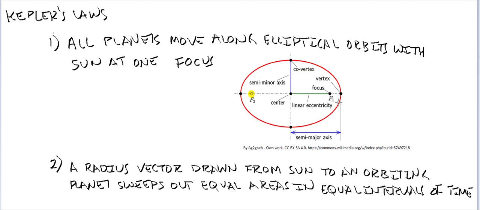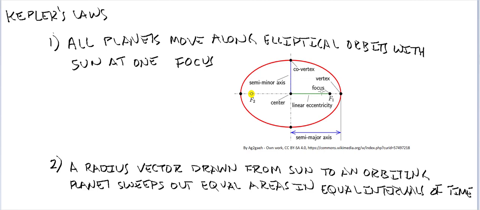I would tell you that in our solar system, most planetary orbits are much more circular than this. So remember, a circle is just a special ellipse. So ellipses have two foci. A circle is just an ellipse where both foci sit at one point, right?